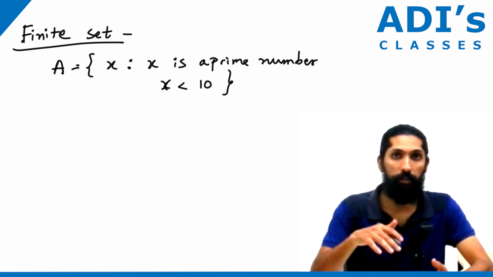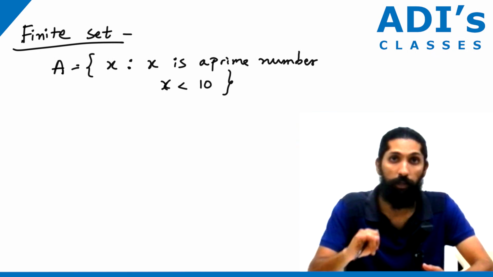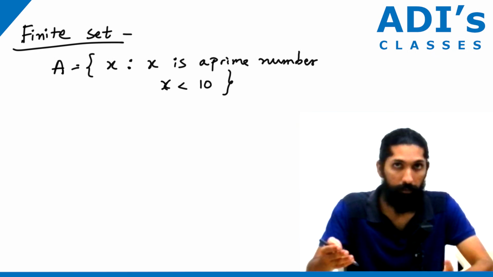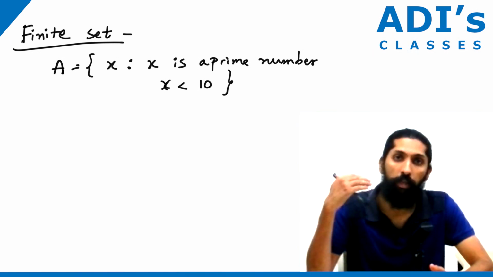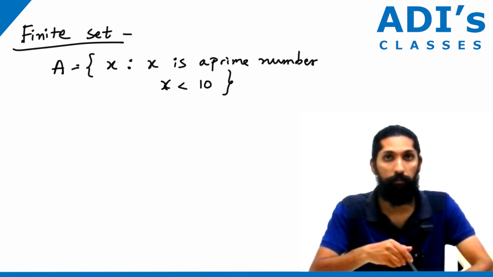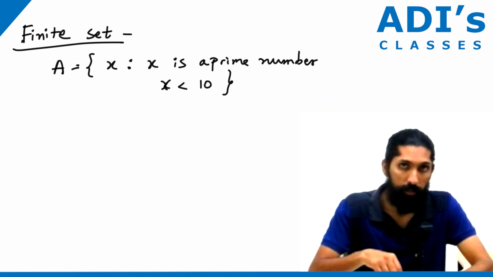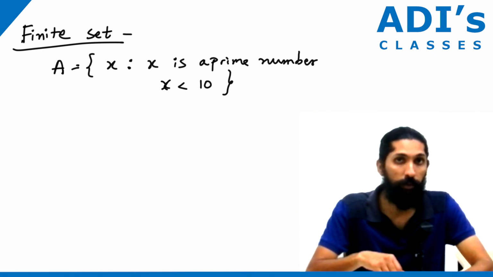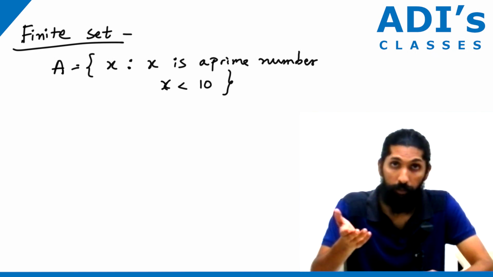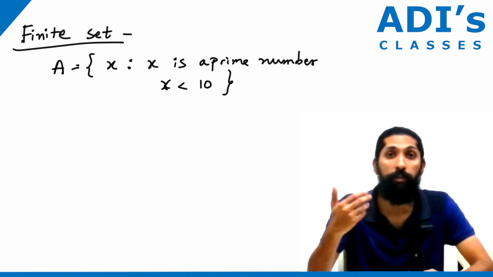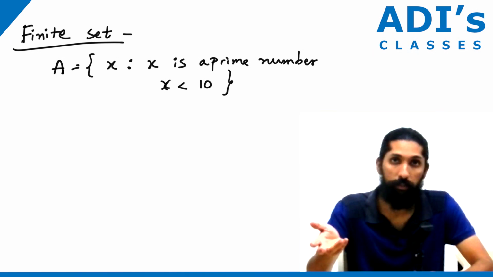Prime numbers less than 10: there are 4, which are 2, 3, 5, 7. Correct? So there are 4, and it's a finite set. So many examples you can give for finite sets, not just in math. Like I gave you the example of the number of alphabets in English, 26.